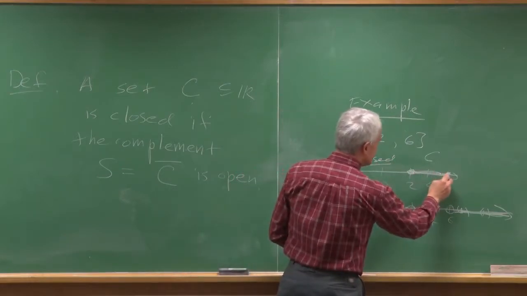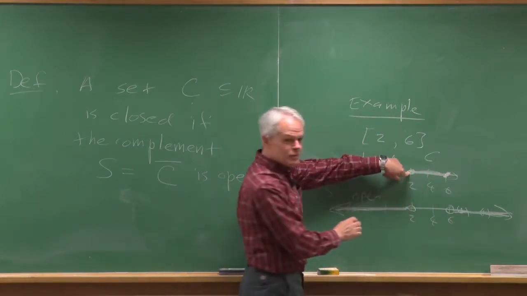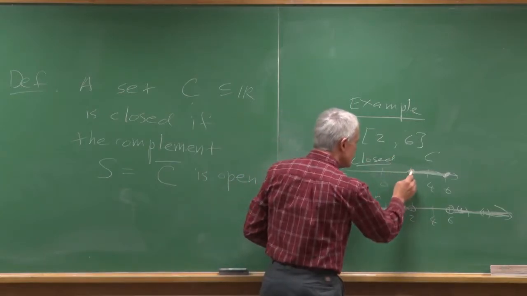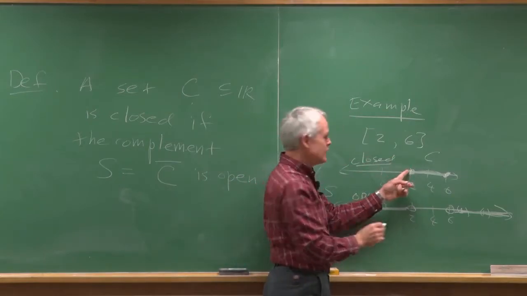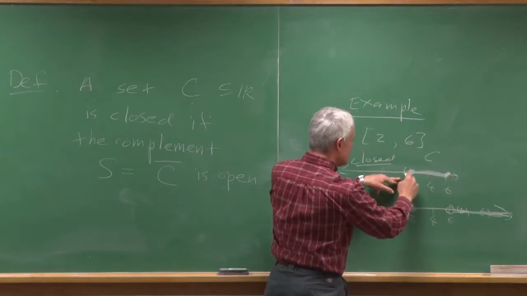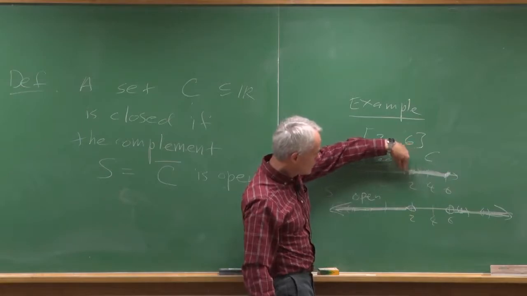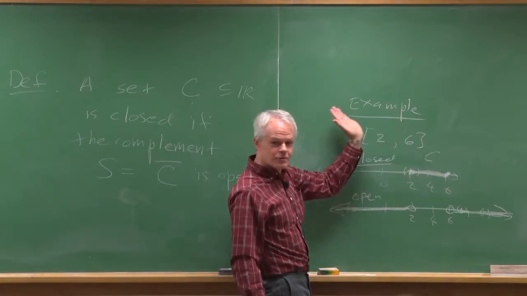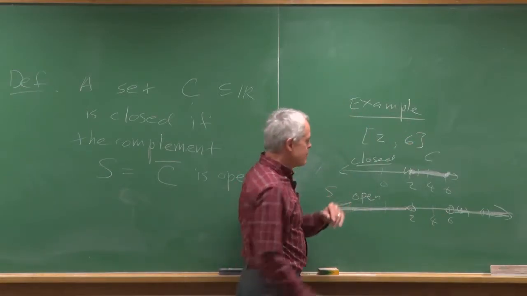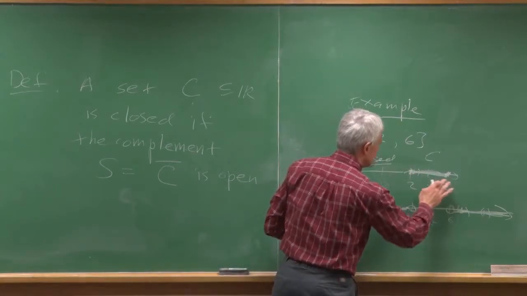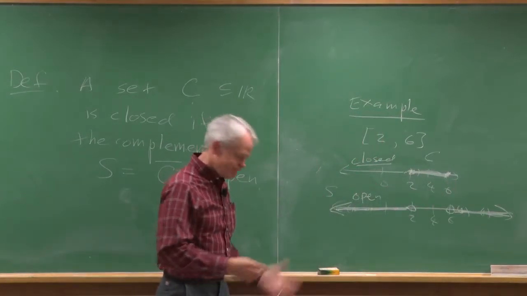Notice that this is not open. The problem is, if I pick this point in my set C, I can't make an interval around it that's still contained in my set C. I had to go to the left of 2, and then I've gone outside. Is something not open and not closed if it's piecewise, so it has both?